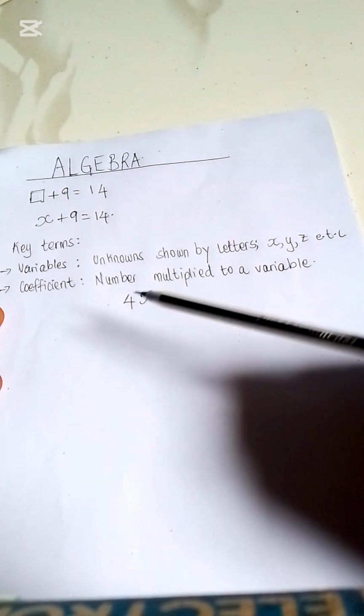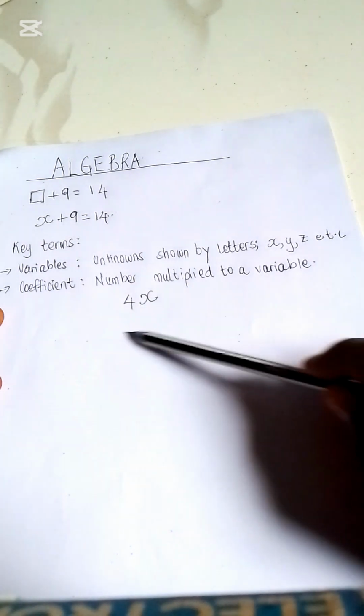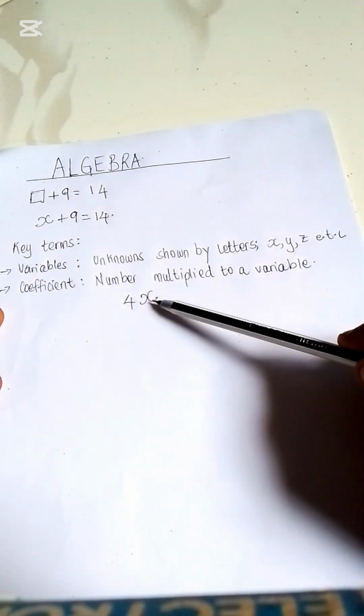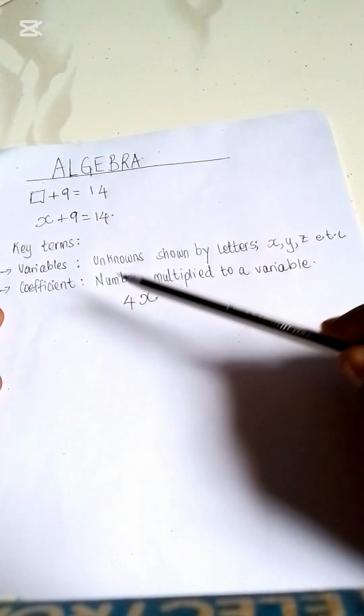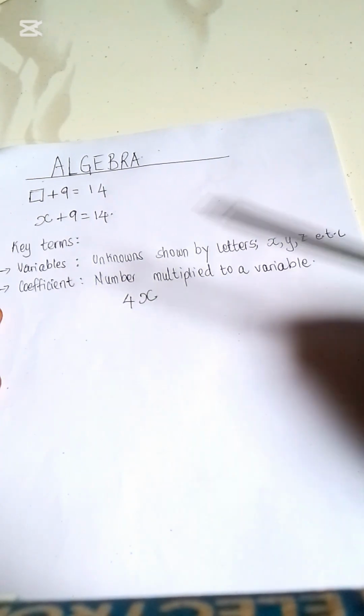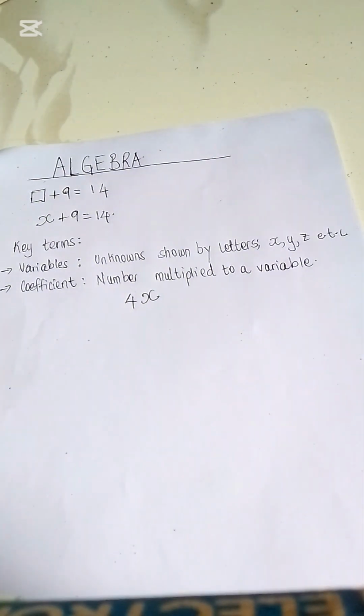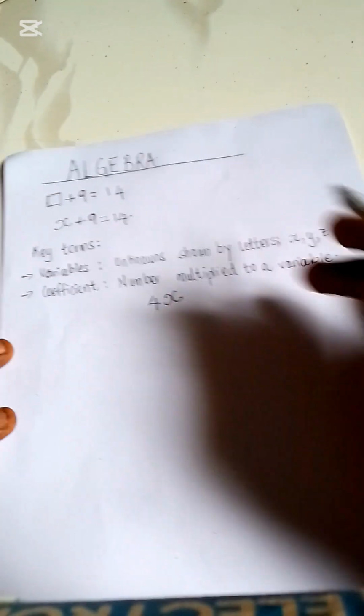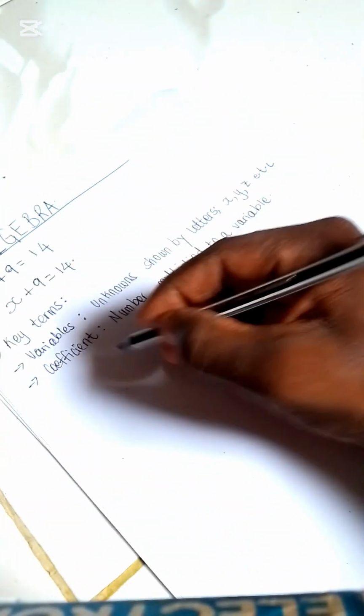In this simple expression, I can say the coefficient of x is 4. 4 is the coefficient of x, and x is the variable.